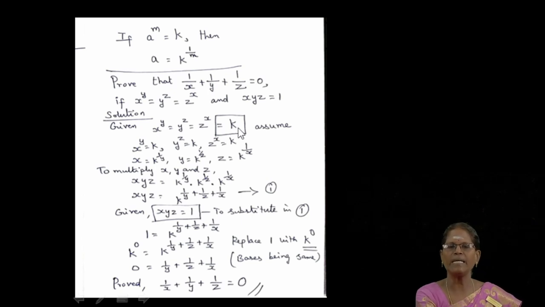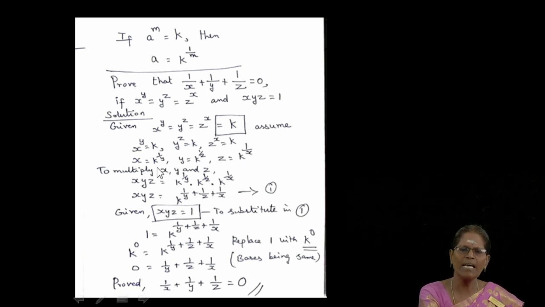Then we are separating into three equations, and now to make the base same, to make the base k, we are doing x is equal to, what will happen? The y should go to that side, so it is converted as 1 by y. So x is equal to k to the power 1 by y, y is equal to k to the power 1 by z, and z is equal to k to the power 1 by x.